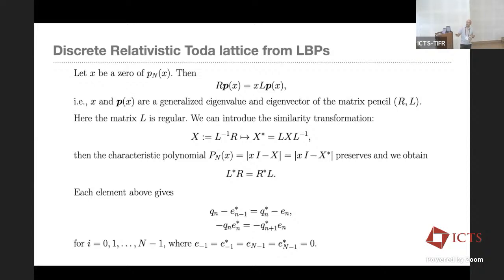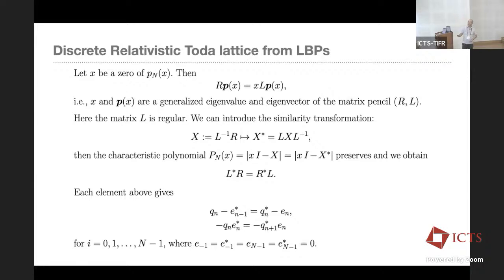Here L is a lower bidiagonal matrix, and the diagonal terms are 1, 1, 1, 1. So it is a regular matrix, and it is possible to consider the inverse of the operator. So let's introduce X by introducing this matrix.